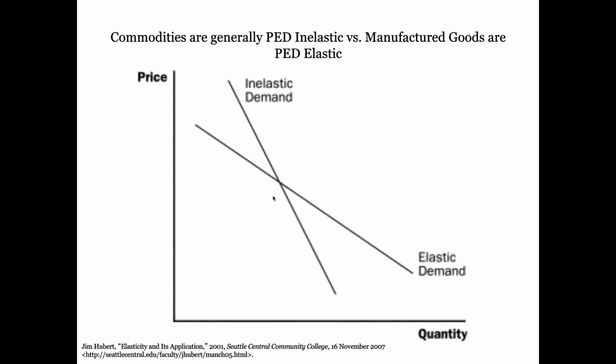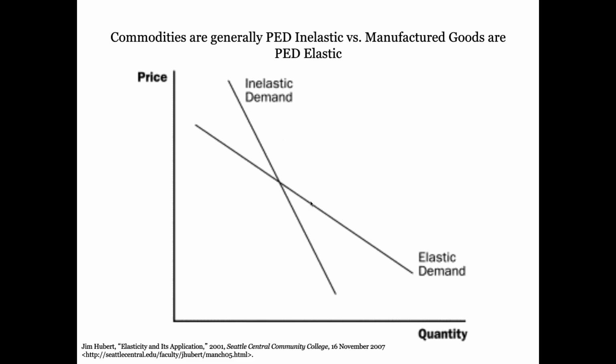So just note that inelastic goods, raw materials like wheat, timber, rice, that sort of thing, have inelastic demand, and that impacts the revenue from exports for some countries.